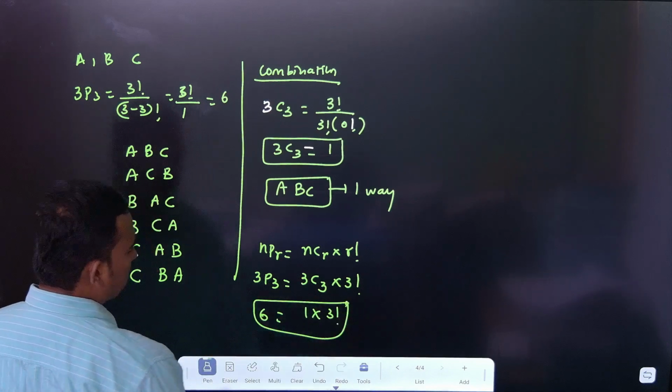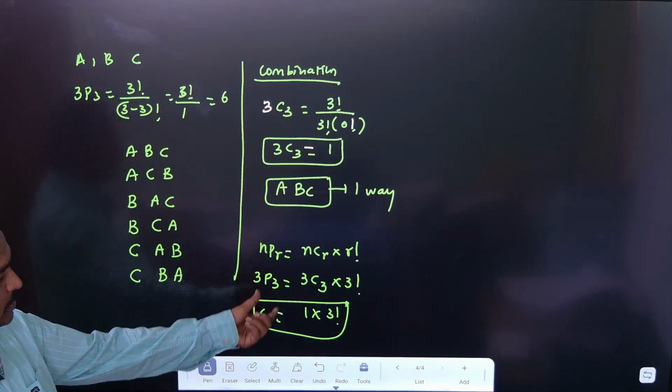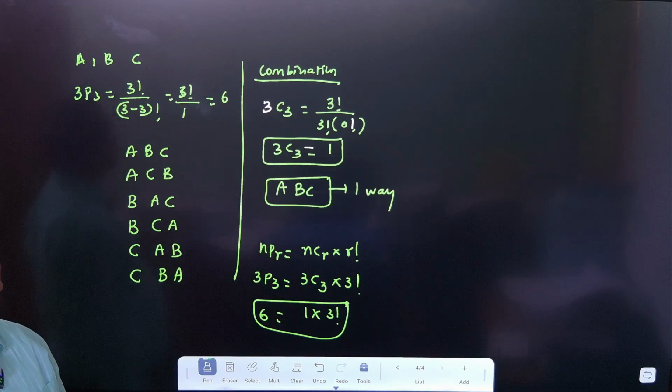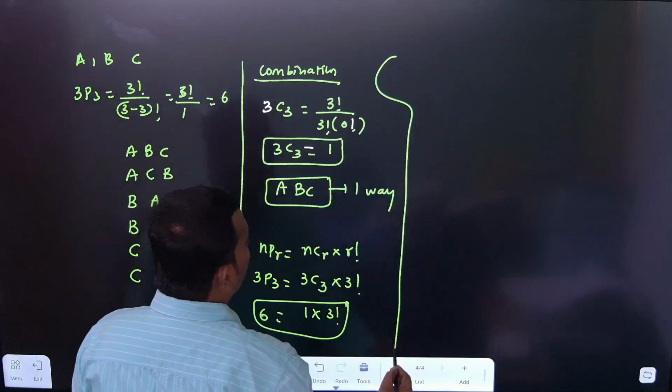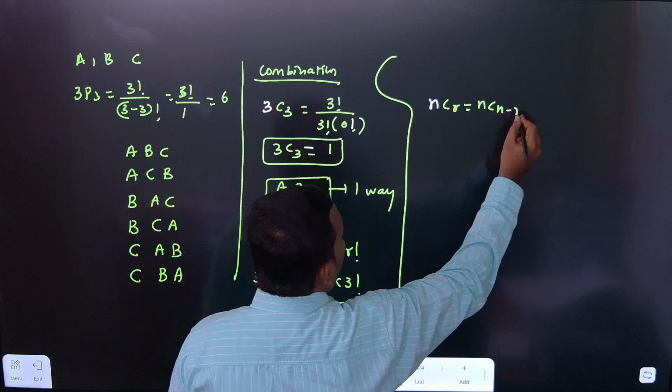Both will be satisfied. So therefore, the permutations and combinations, the relation is what? This one only. NPR is equal to NCR into R factorial. Clear? And one more information you have to remember, student, NCR is equal to NCN minus R.